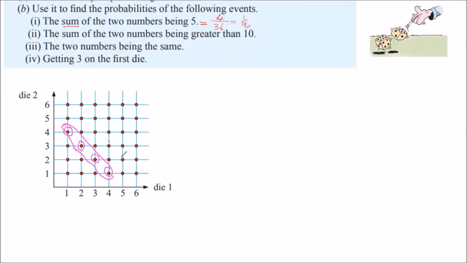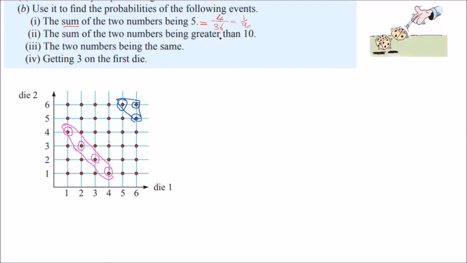Next one, 6, 7, 8. 5 plus 4, 9. 5 plus 5, 10. Okay, now this event. 5 plus 6, 11. Sum is greater than 10. Then 6 plus 5, 6 plus 6. Only in these three events, the sum is greater than 10.